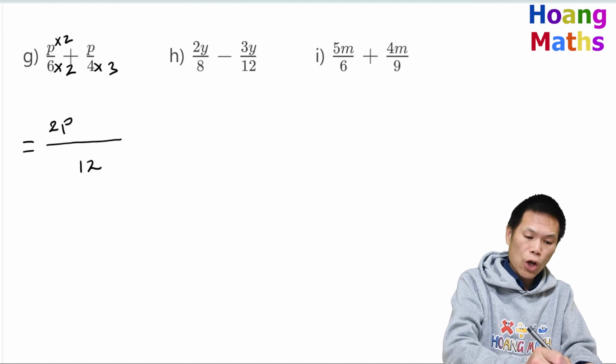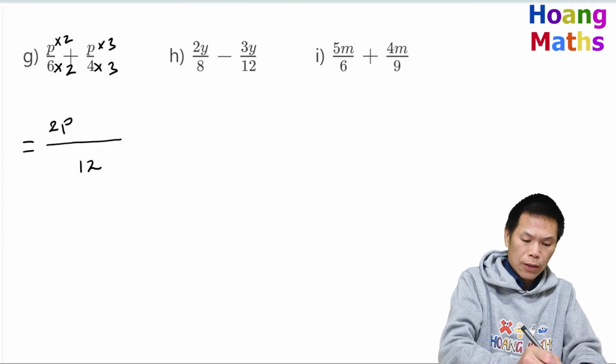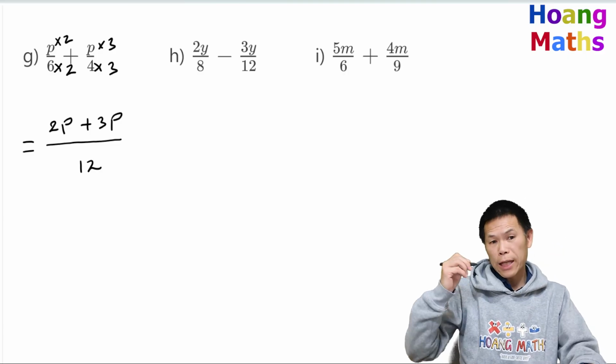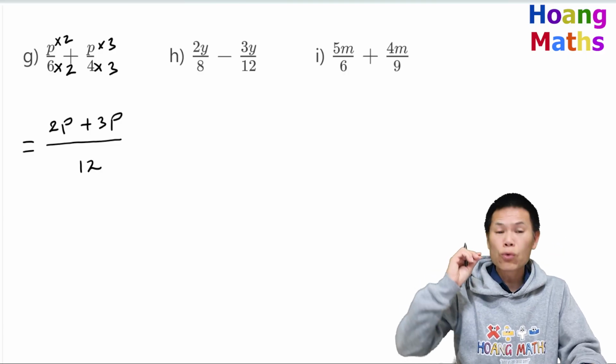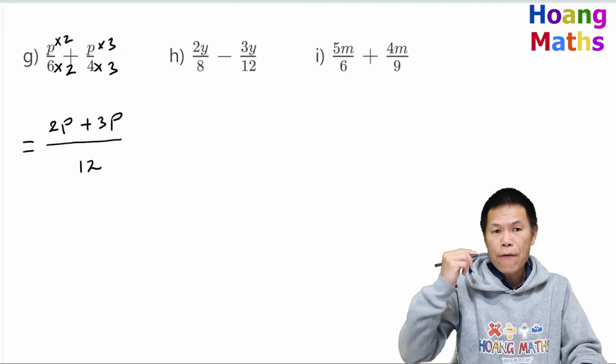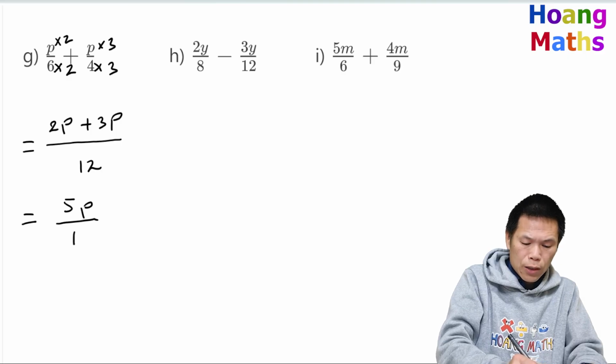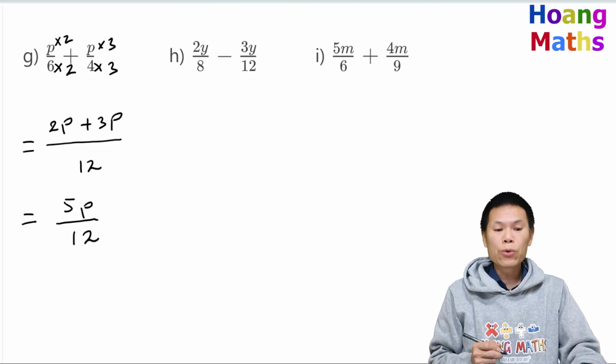So therefore, the top times 3. P times 3 is 3P. So we plus 3P. Now we collect the like terms. 2P plus 3P. 2 plus 3 is 5. So the answer is 5P over 12. There you go.